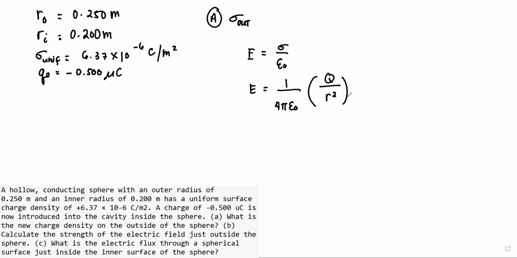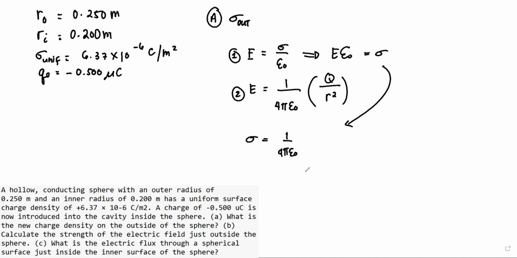And given that I can make use of these two equations to know the surface charge density of the outer sphere. So manipulating this, I can get E multiplied to your epsilon naught. That's for your surface charge density. So the E there, I can use the second equation. So first and second equation. Back here, that would be your surface charge density, then this is your E, 1 over 4 pi epsilon.